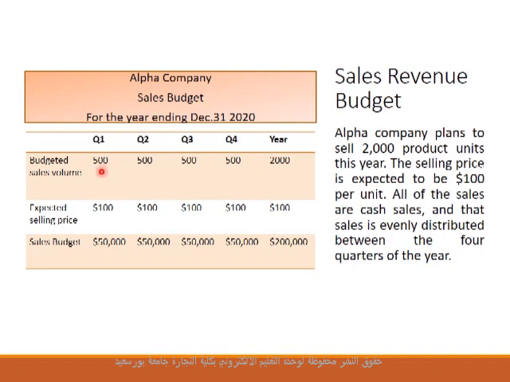That's why 500 units is expected to be sold in each quarter. We need to multiply this by the $100 expected selling price per unit to obtain budgeted sales revenue. Budgeted sales revenue is expected to be $50,000 in each quarter and $200,000 in the entire year.